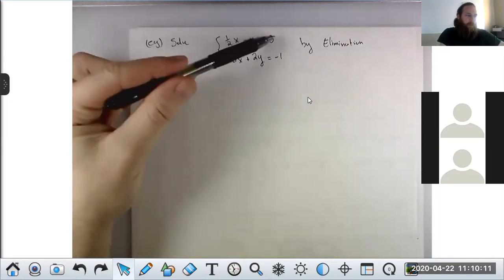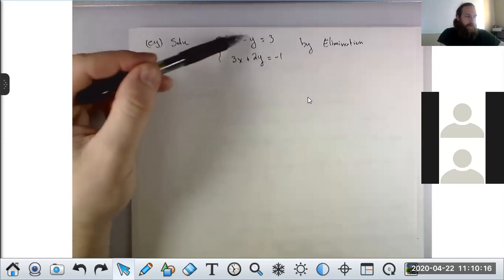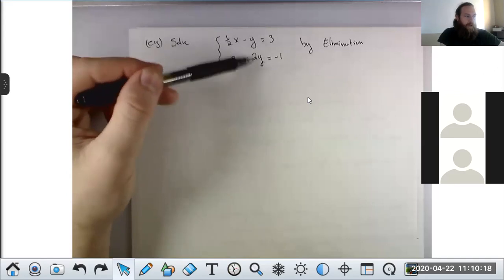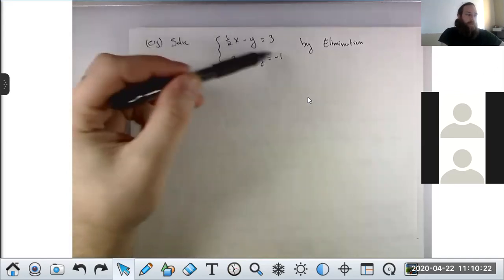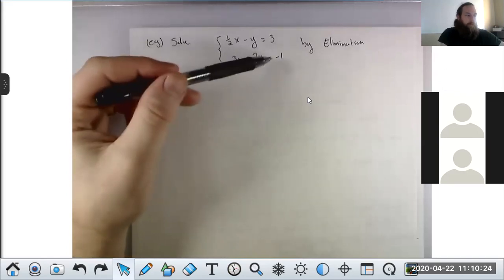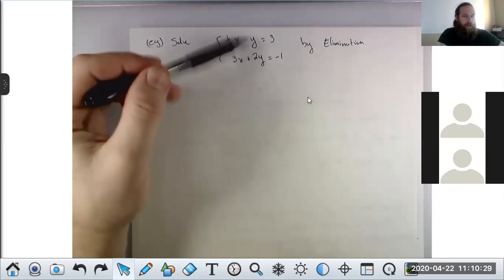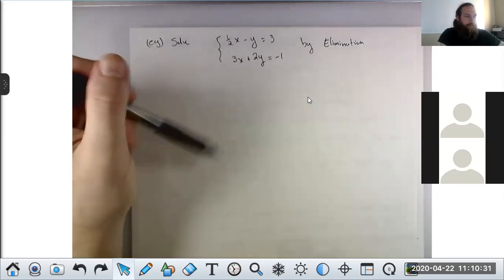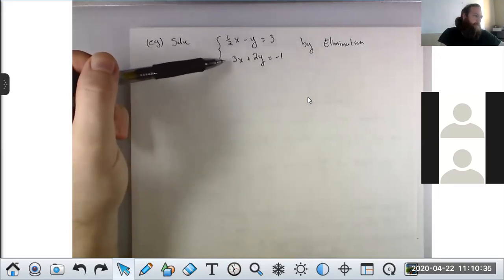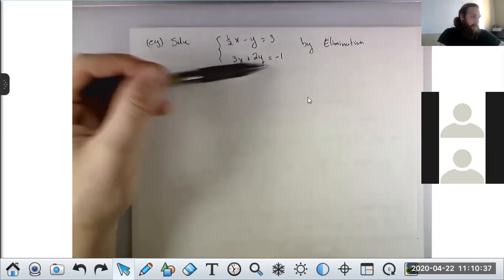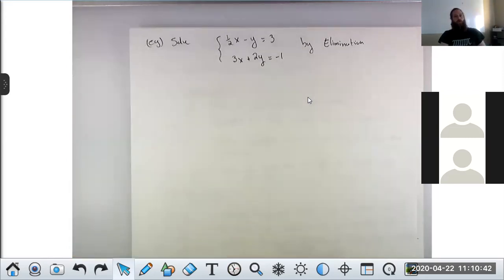Or I could multiply through this equation by +2. That would make this a -2y, so that when I added it to him, the y's went away. Or I could multiply through the second equation by +1/2. That would make this become a +1y, so that when I added these, the y's would go away. Or I could multiply through this equation by a -1/6, and that would make this a -1/2x. So when I added it to this, they would go away.